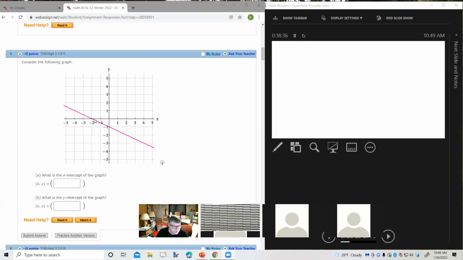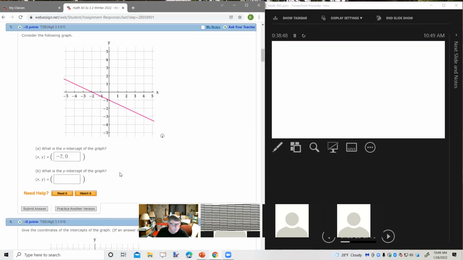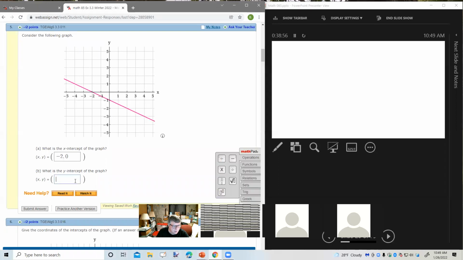So what are the coordinates of that point? It would be negative 2, 0. Any questions there? All right. To find the y-intercept, where does it cut through the y-axis? When x is 0 and y is negative 1. Good.